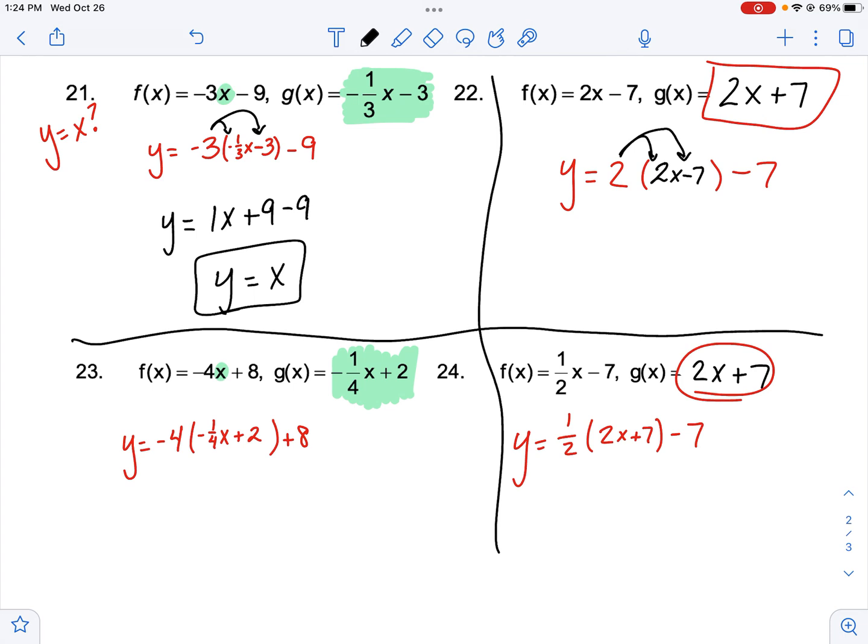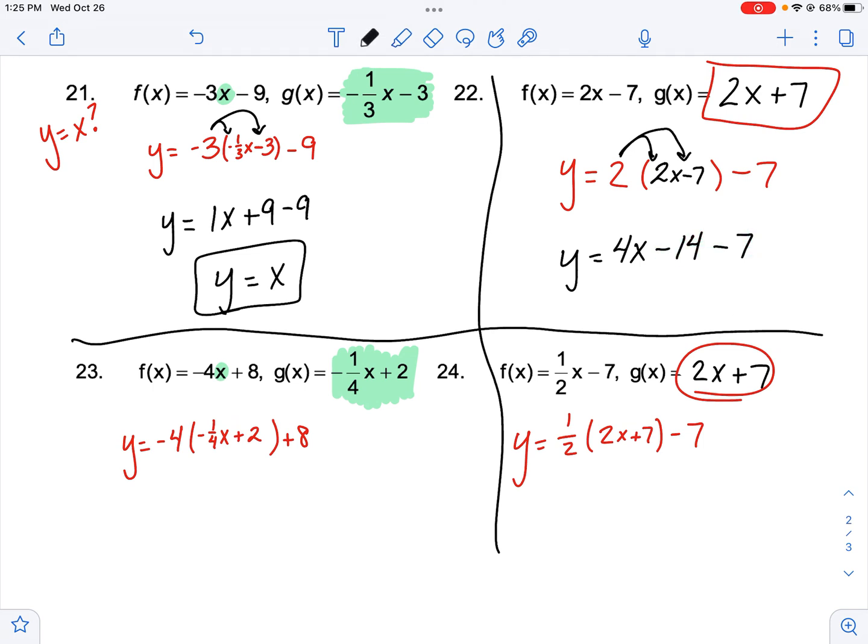Distribute first, and then add or subtract. So y equals 2 times 2 is 4. 2 times negative 7 is negative 14. And then remember to bring down that minus 7 at the end. And what can I simplify?